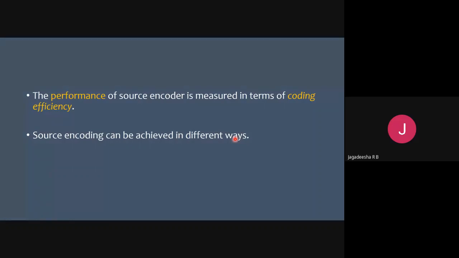Maybe I represent A by just 10, instead of 2 zeros. But B, I represent by maybe 2 bits, and so on. So there are different ways of doing this, and we will study some of them. But today we will limit our discussion to one of those very important algorithms.